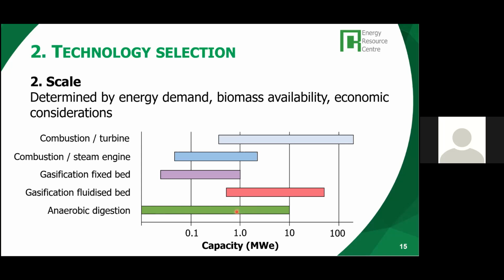Larger scales are usually found between a few hundred kilowatts up to a few megawatts. I think most of the larger farm scale units and then larger industrial units are found in that scale range.